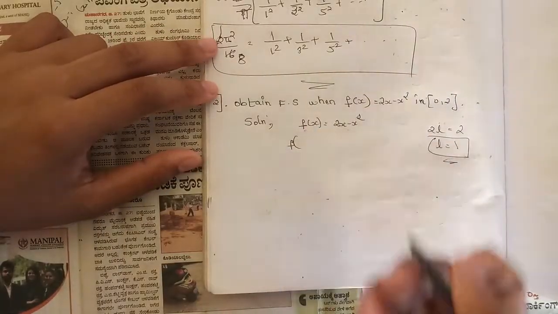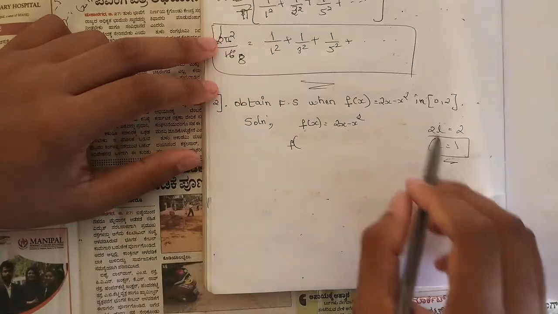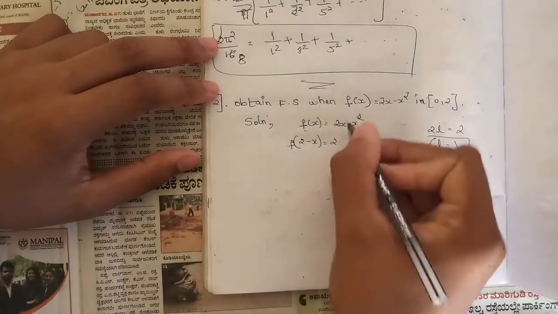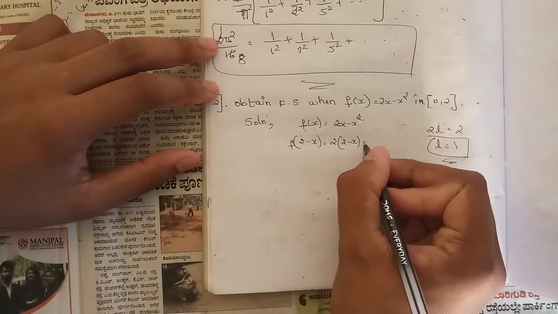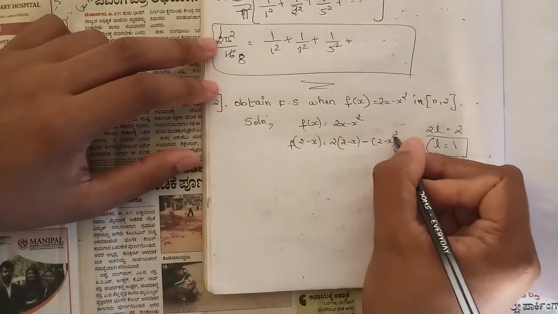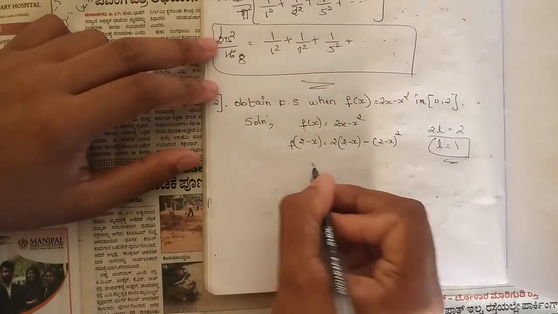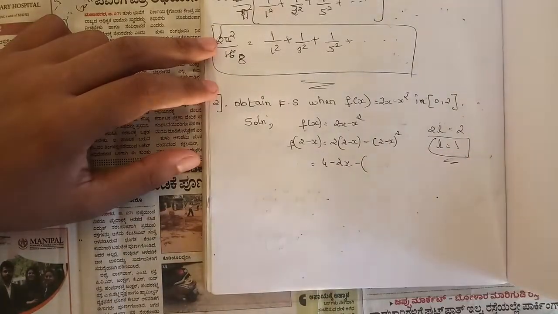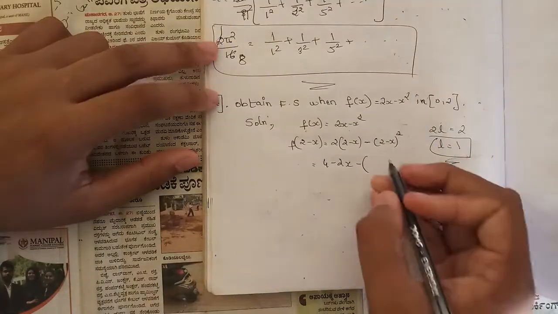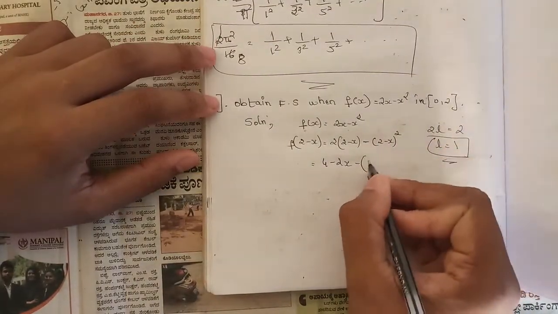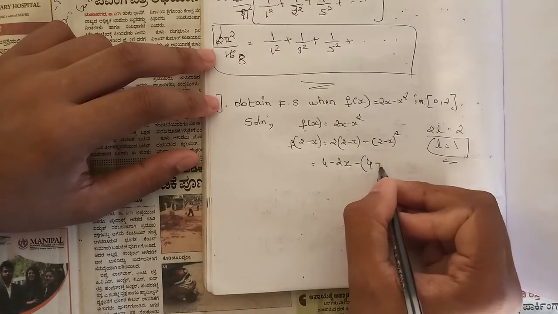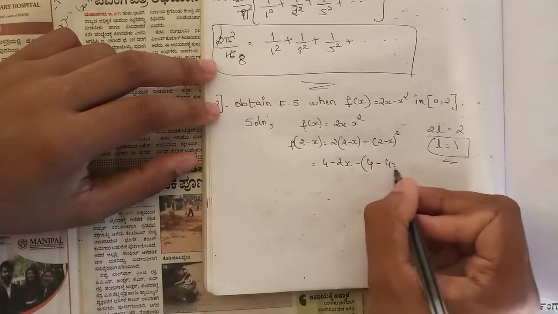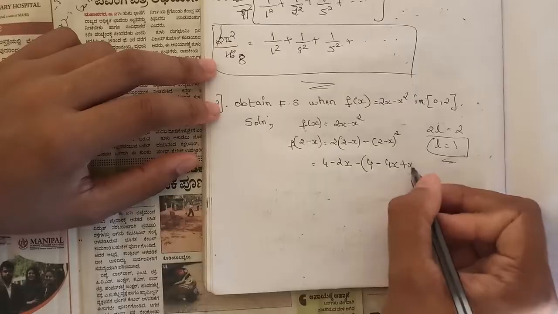So now replace the value of x by 2L minus x, that is, 2L we know is 2. So 2 into 2 minus x, minus 2 minus x the whole square, that is 4 minus 2x minus, we need to use the identity a minus b the whole square, that is a square, 2 square is 4, minus 2ab, that is 2 into x, it becomes 4x, plus b square, x square.